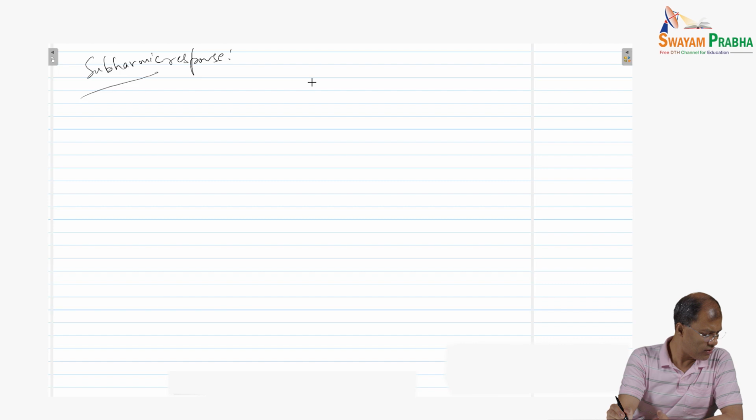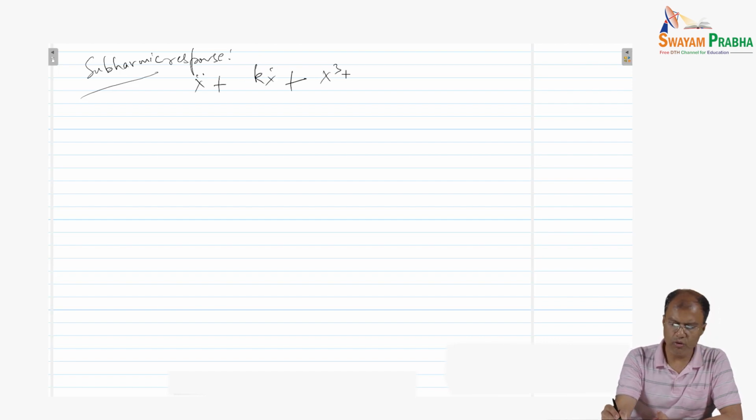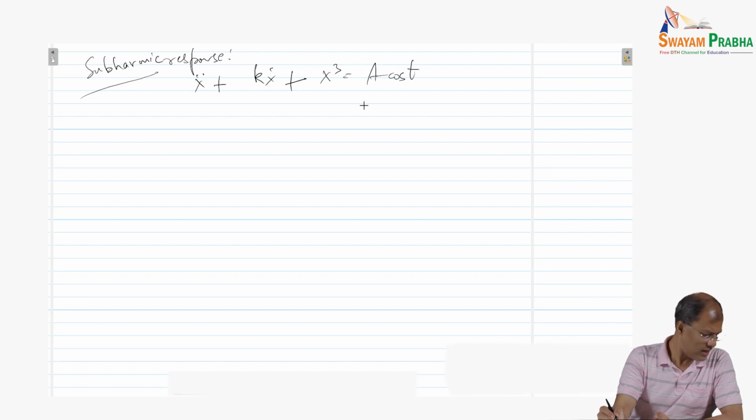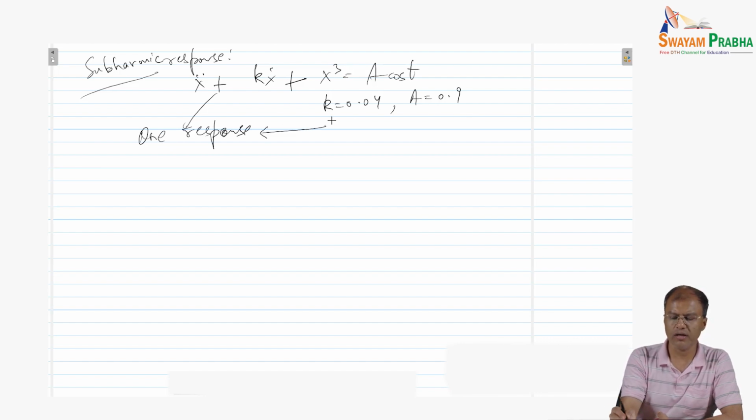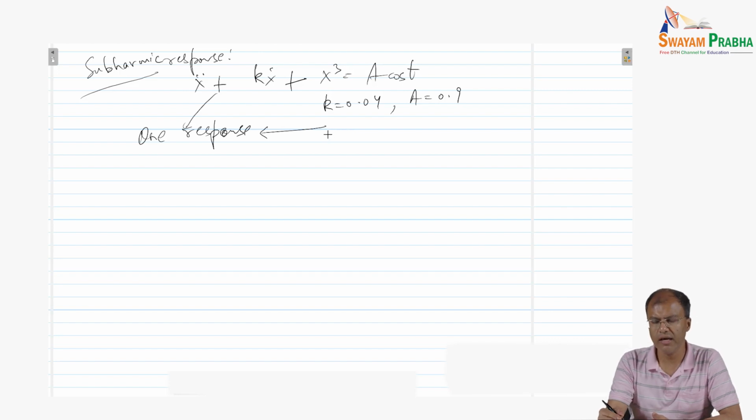Here is one example: x double dot plus k times x dot plus x cube is equal to a cos t, where k is 0.04 and a is 0.9, and one response has period 2 pi. We will see that when we try and solve this problem. I'm just stating the solution here. Viewers can quickly check my answer.